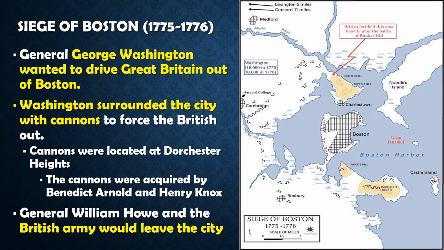So he decided that he and the British Army were going to evacuate the city and basically retreat. So in one of the first major events of the revolution, George Washington and his army were victorious. The new Continental Army reclaimed Boston for the American side.